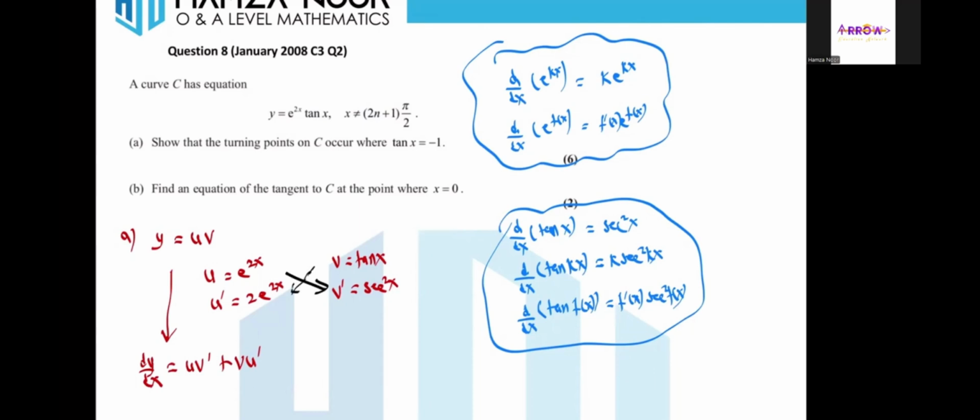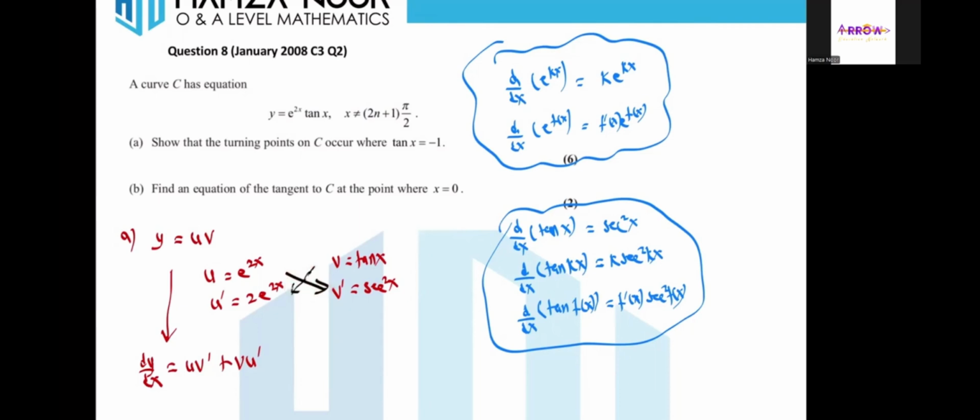The formula for differentiating by product rule is not given to you in the formula booklet of International A-Level Edexcel Maths, so you need to remember this formula. Here we have a simple sequence, uv dash plus vu dash.